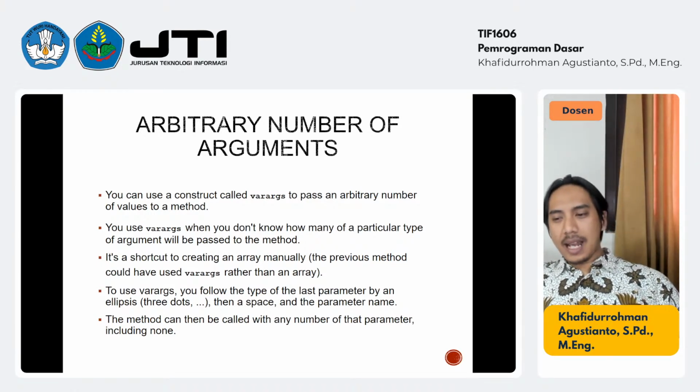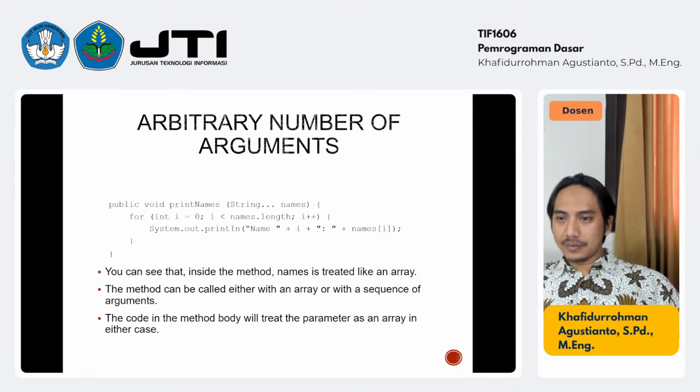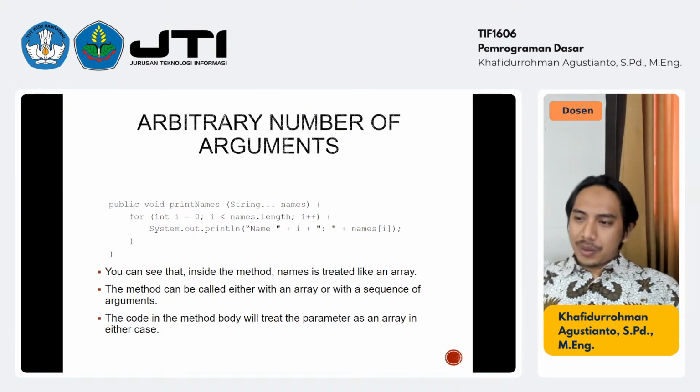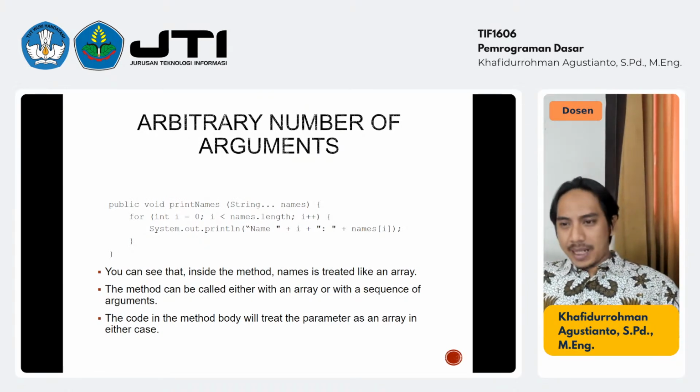The method can then be called with any number of that parameter, including none. Sample: public void printName(String... names), then the body. You can see that inside the method, names is treated like an array. The method can be called either with an array or with a sequence of arguments. The code in the method's body will treat the parameter as an array in either case.